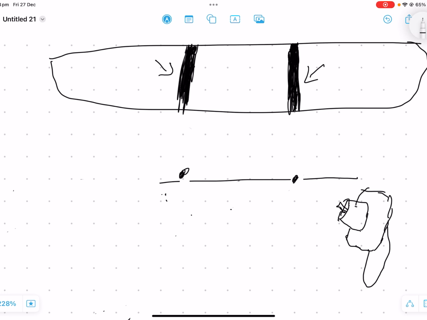So it's as if the electron knew it was being watched. The electron stopped behaving like a wave when it was being watched, like electrons are alive and they knew they were being watched.